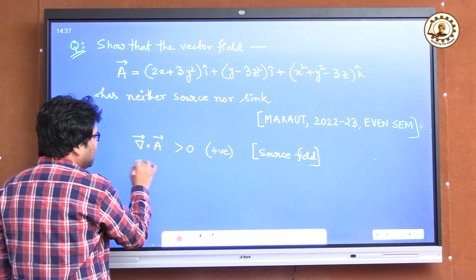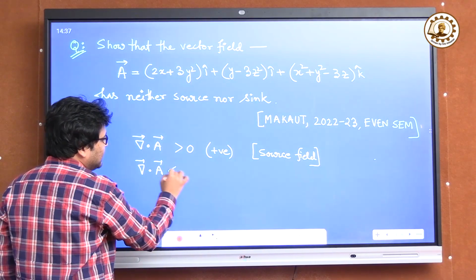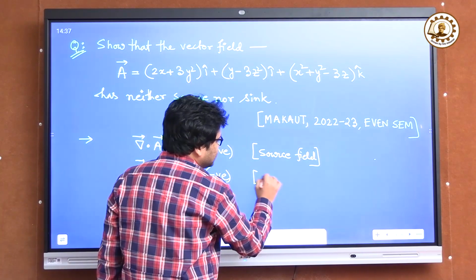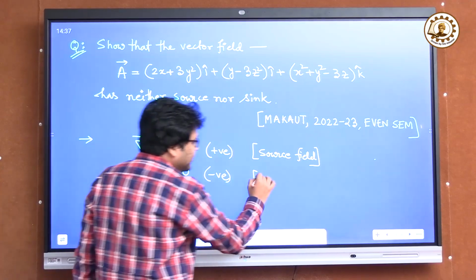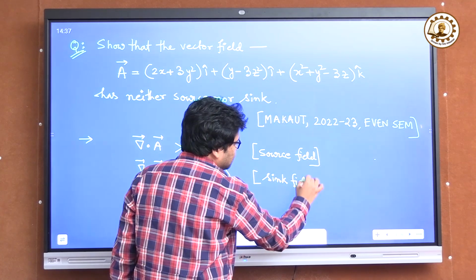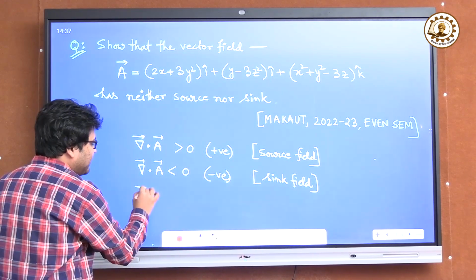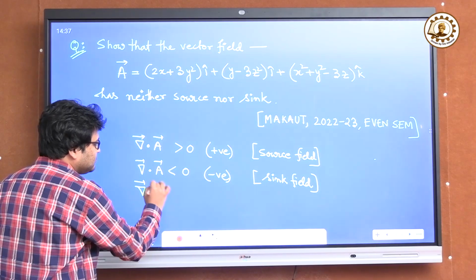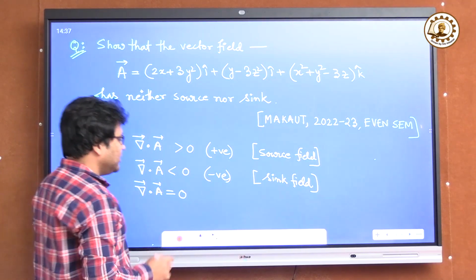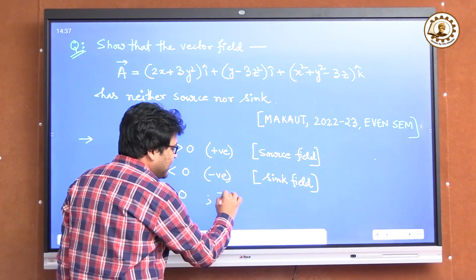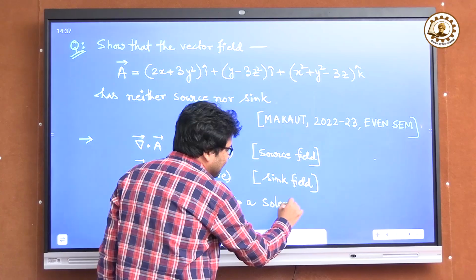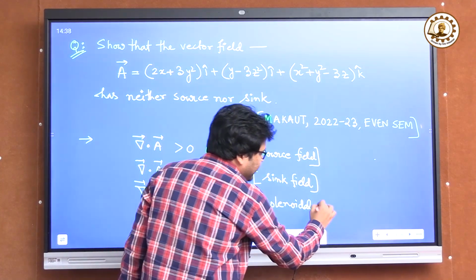If the divergence of any vector is less than 0, that is negative, then it represents that A vector is a sink field. And if the divergence of any vector equals 0, that is not positive or negative, it is simply 0, it represents that A vector is a solenoidal vector field.